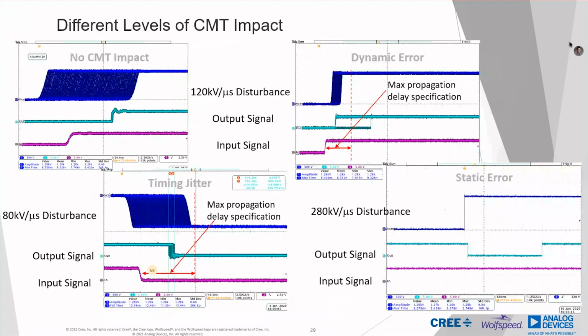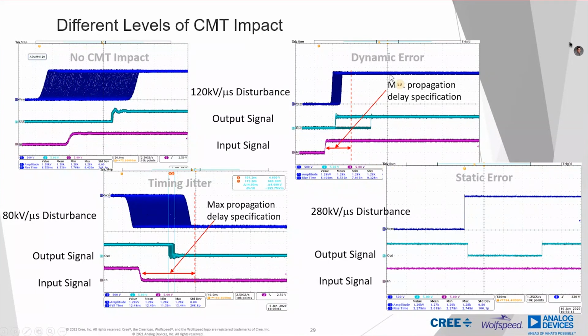And when you start looking at the impacts that CMTI has, for a static error, you get a voltage transient across the isolator that can cause it to toggle when it shouldn't. But then you start looking at more subtle levels of the impact.